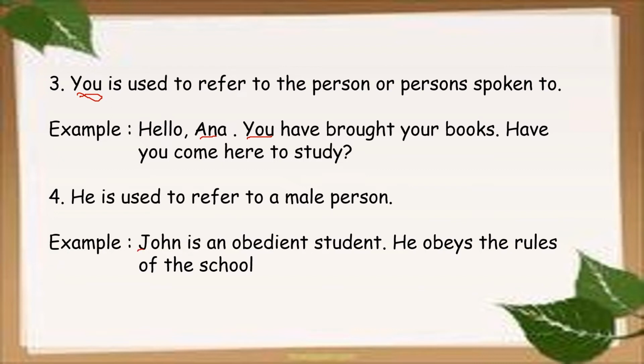Since John is a male person, the pronoun that we use is he. Understand? Now, if it is a girl, of course, it will be she. So, again, if we are referring to a male person, we are going to use the pronoun he.